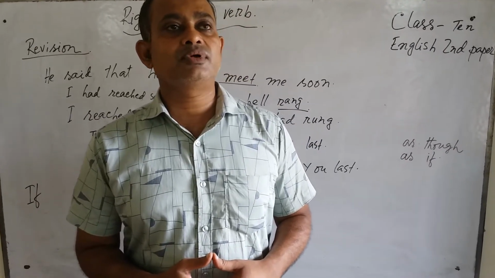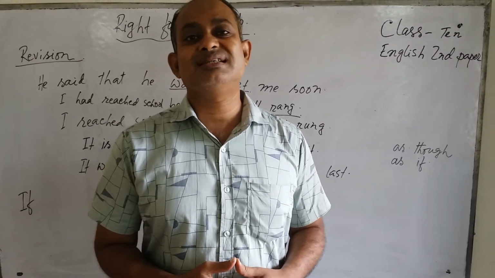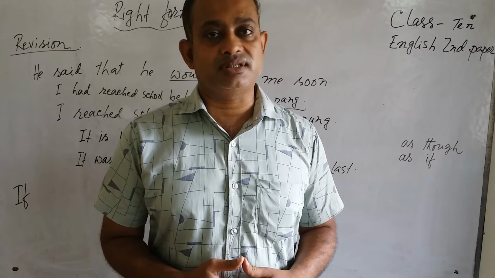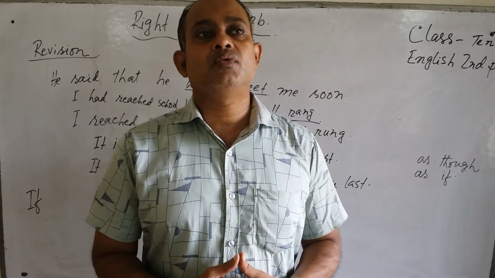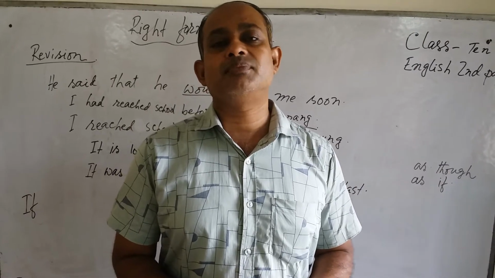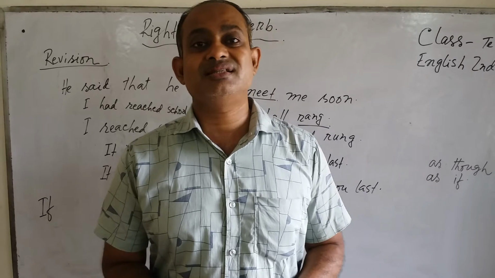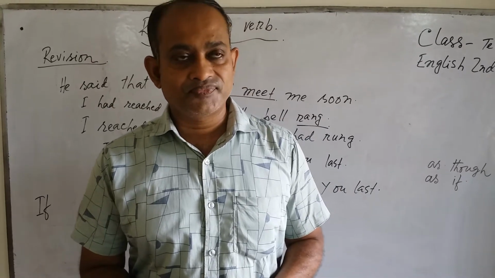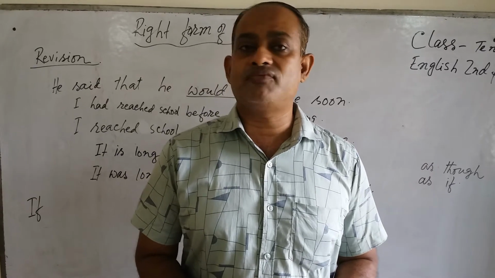Then we discussed the past form. The past form is used when the sentence is in past indefinite tense. And some indicator words we discussed in the previous class: yesterday, ago, since, last, etc. Then we discussed the past participle form.